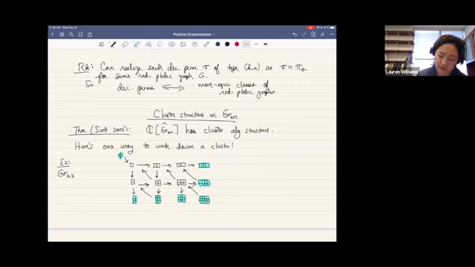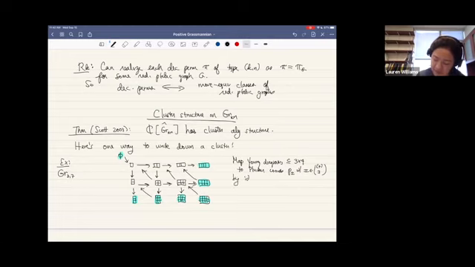And now I want to identify vertices with Plücker coordinates. So we're going to map the Young diagrams in this picture. All these Young diagrams are contained in a 3x4 rectangle. And we will map them to Plücker coordinates, pi sub I, with I a 3-element subset of the numbers 1 through 7.